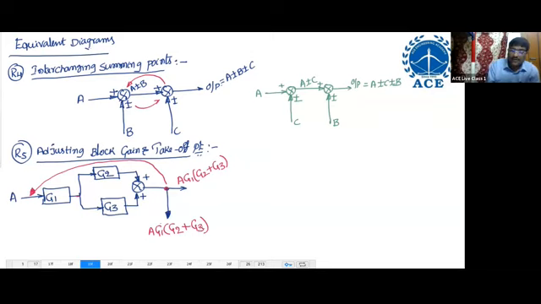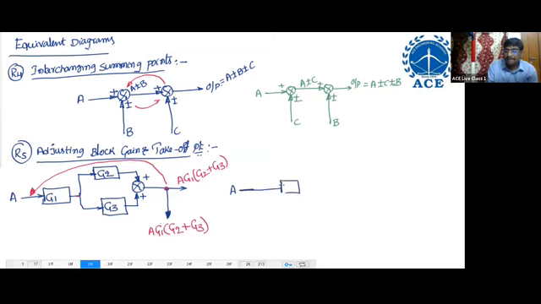So what will I get after shifting, if I draw A? You have to shift to here.